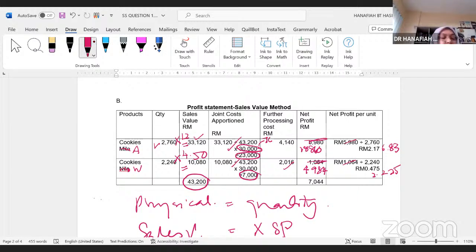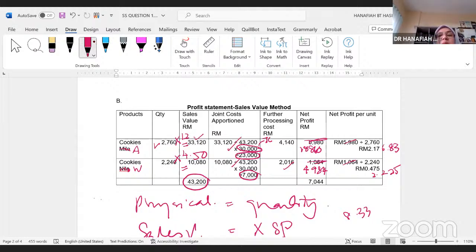23,000 divided by 2760 is 833 actually. The cost per unit, 833 minus... and this what is called... 23,000 is for 2760 unit.